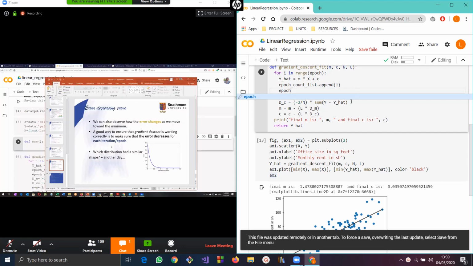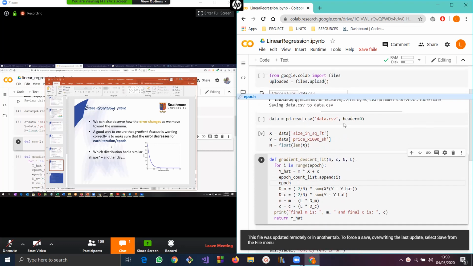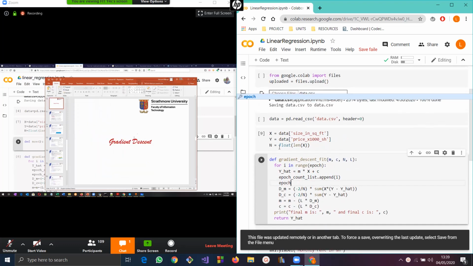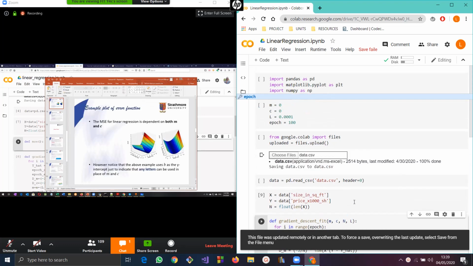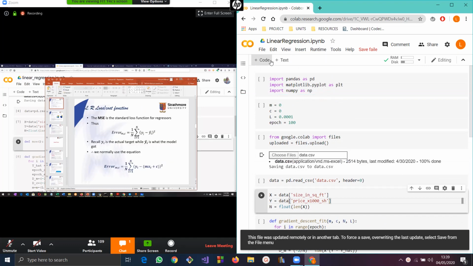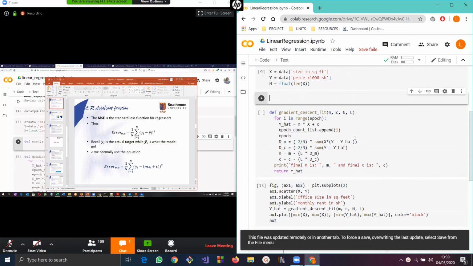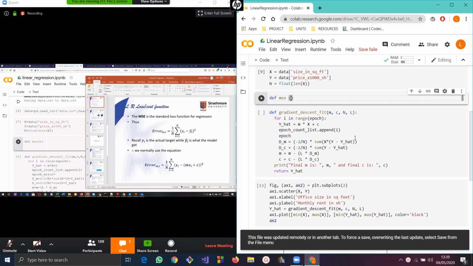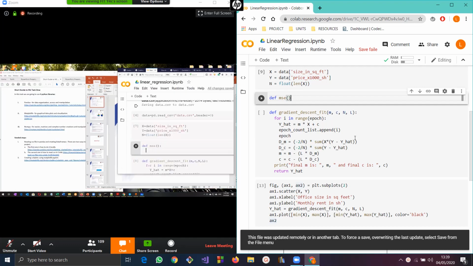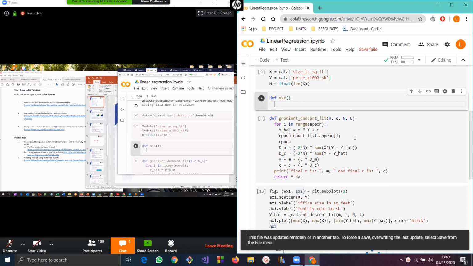You remember from the notes, the mean squared error is the value for y that you have minus the predicted value. You're going to square that, and then you're going to get the average. So we just code that the way we coded the other part. It's an easy thing to do.